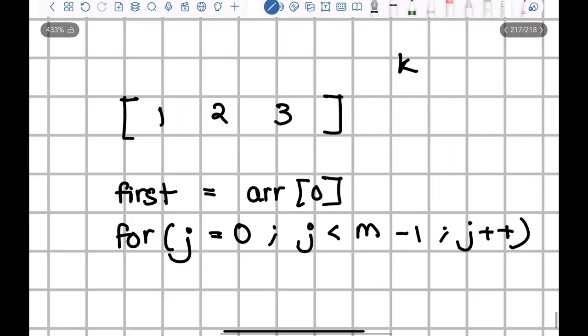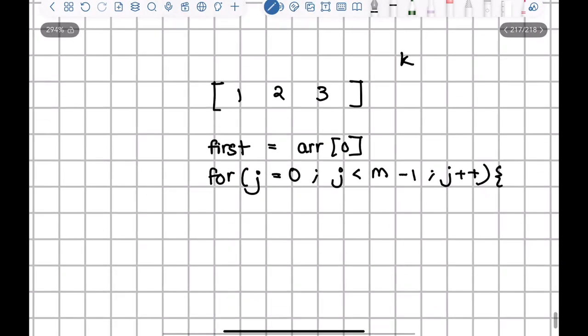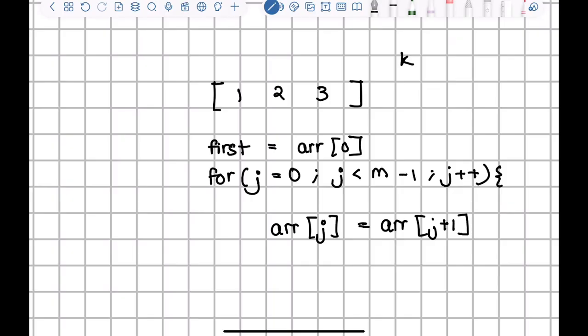Now why m minus 1? I will show you. I start here at 0. Okay, so now what I will be doing is arr at j is nothing but arr at j plus 1. This is how I rotate.